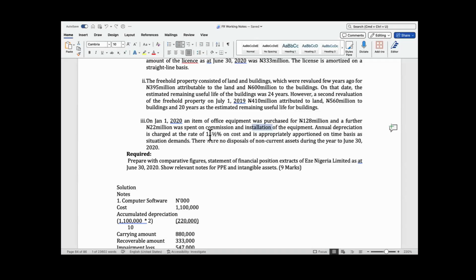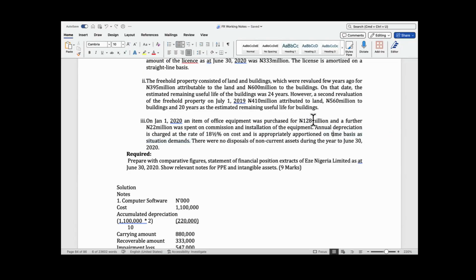Annual depreciation is charged at 18.5% and is apportioned on a time basis. So when you calculate depreciation for the year, you need to do some proration if the asset is acquired during the year.